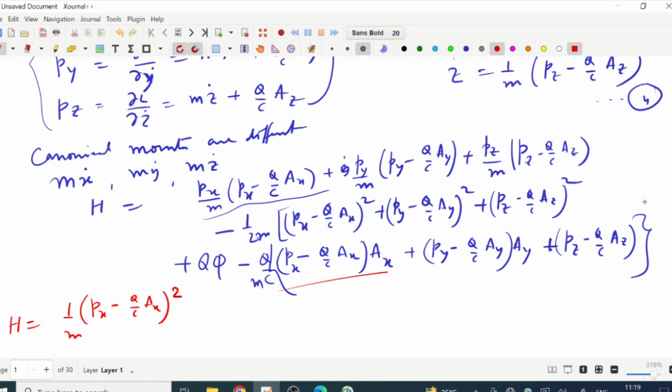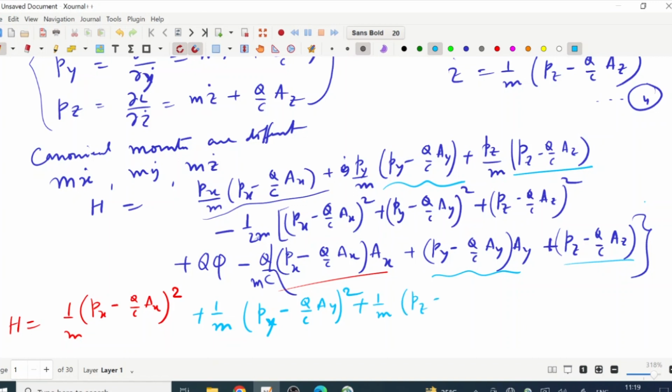Similarly, this term can be combined with this term and it will give you 1 over m (p_y minus q by c A_y) whole square. And then similarly this term will give you 1 over m (p_z minus q by c A_z) whole square.